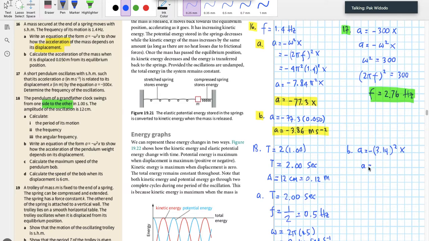So a equals minus 3.14 squared, which is 9.85, so negative 9.85 x. So we have this equation.